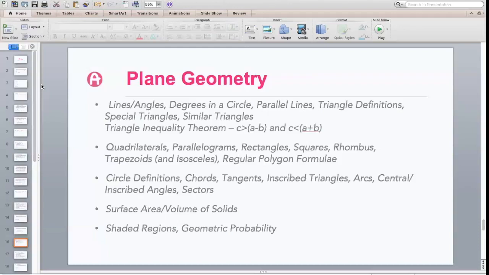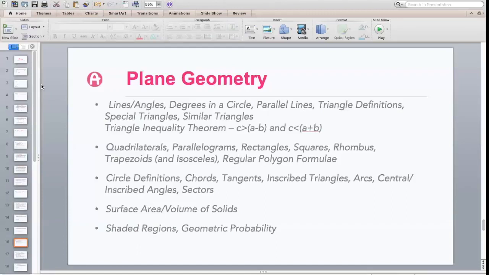But to know the difference between all of them and why they're different is inherently linked to the formulas that are relevant on the test. And they should know the different types, not just trapezoids, but what's the difference with an isosceles trapezoid. And they should know some of the formulas for regular polygons, like the sum of the interior angles of a polygon with n sides, or something like that.